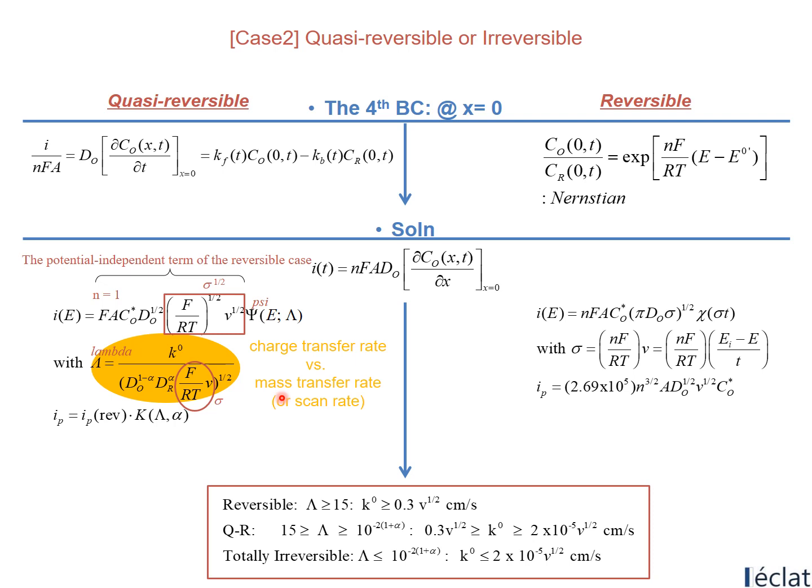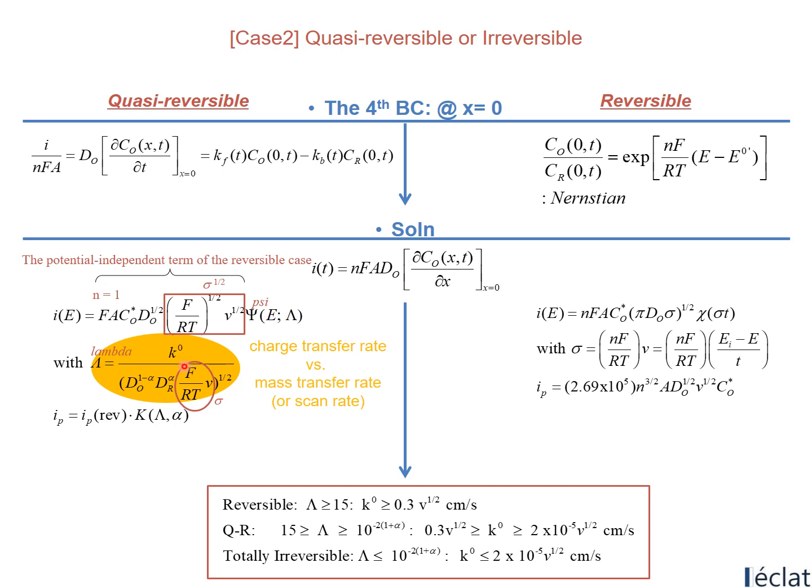So by the definition, lambda is defined as the ratio of charge transfer versus mass transfer. The charge transfer rate is represented by the standard rate constant, which is a kind of reaction rate constant.